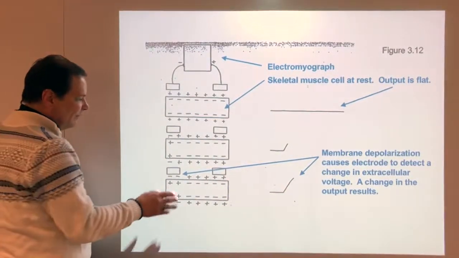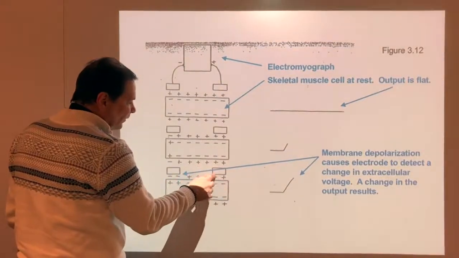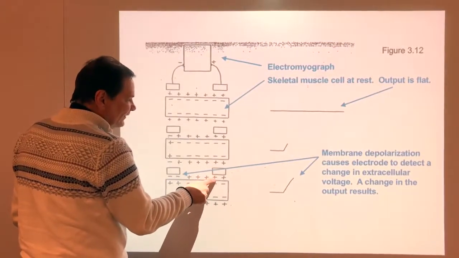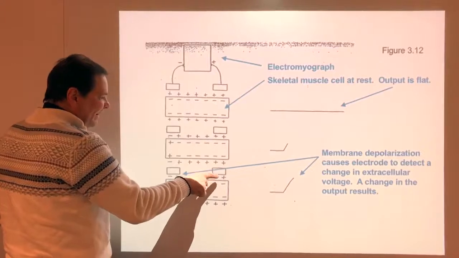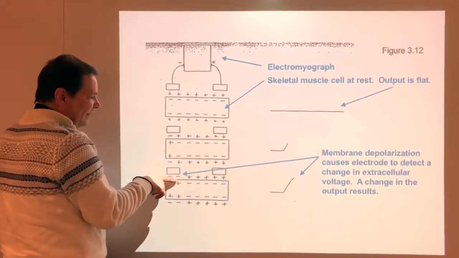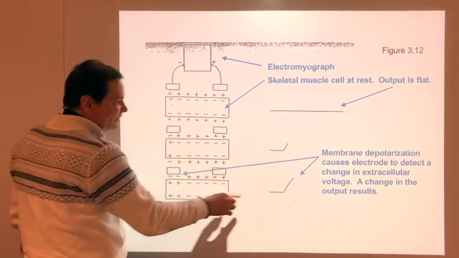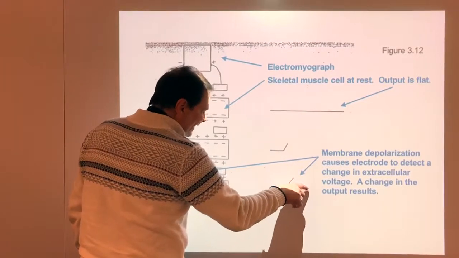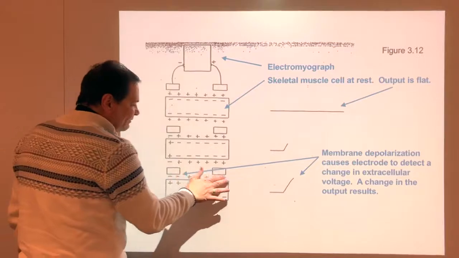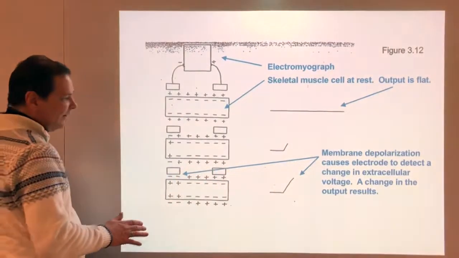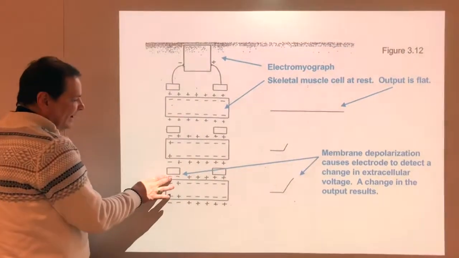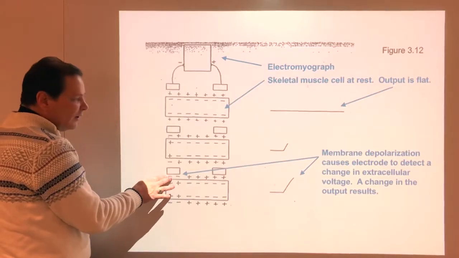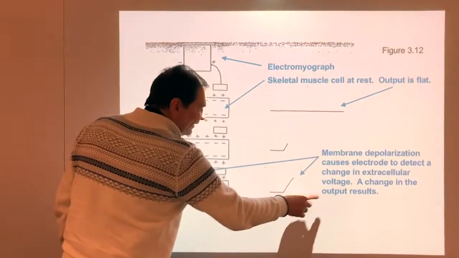And as you guys will remember, as this propagates over, eventually my cathode starts to see some negative charge. My cathode is less positive relative to my anode than it was before, and so we start to get a deflection that comes back down toward rest. And then eventually this entire fiber is depolarized. Both my cathode and my anode are seeing negative charge, and I'll be back down to rest again.